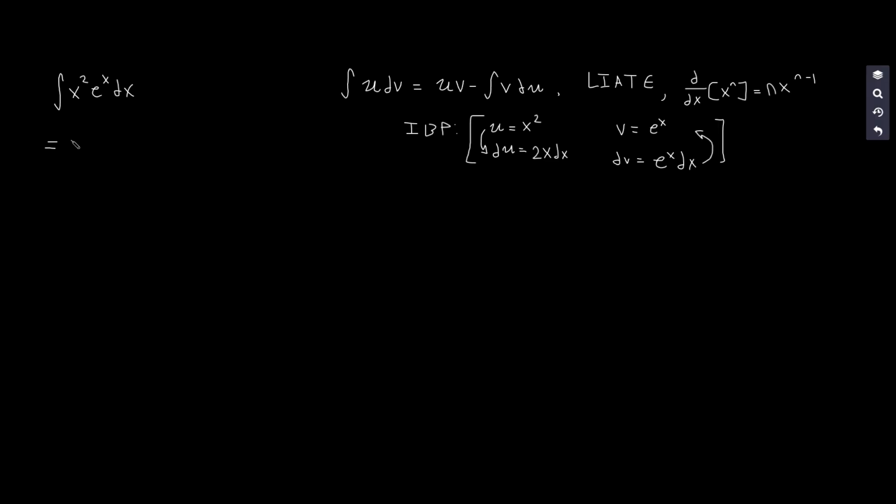That's going to be x squared times e raised to the power of x minus, well, the integral of e raised to the power of x times 2x integration with respect to x.